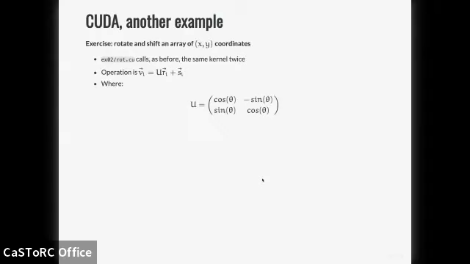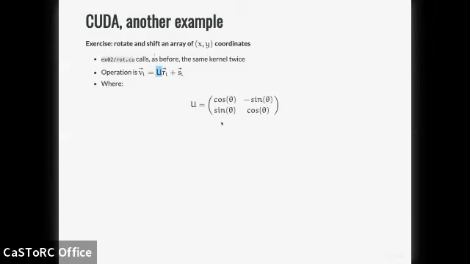What the program does is rotate each element of the array by a specific angle, and it also translates it by a given vector. The rotation is constant, and it's called u here.